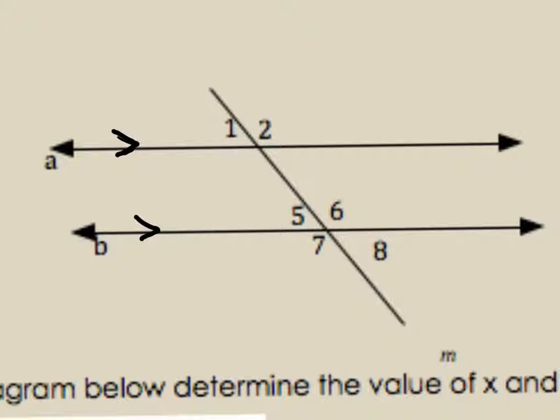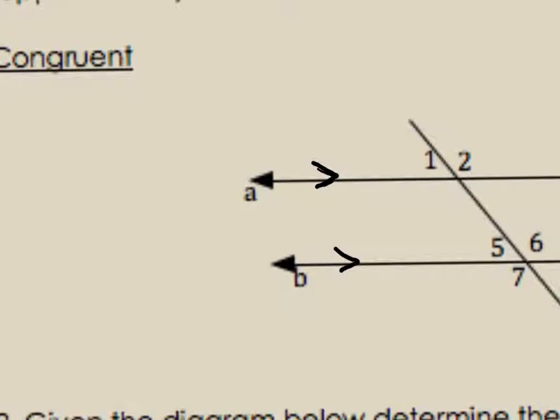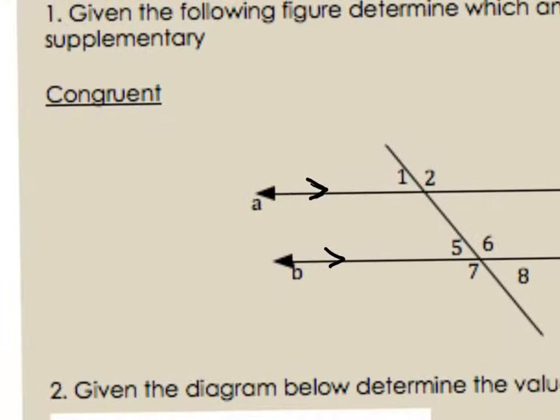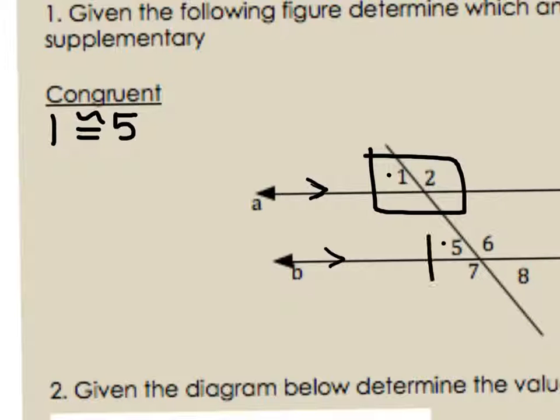So that gives us a couple things that are congruent. Let's list those first. Congruent angles are going to be angles like 1 and 5. 1 and 5 are congruent because they're in the same place. If I draw a box around these angles and these angles, notice how 1 and 5 are in the same part of the box, the upper left-hand corner.